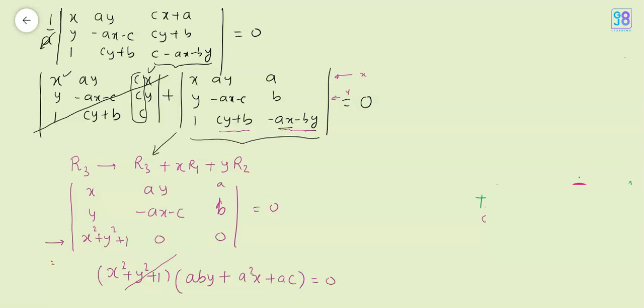Now clearly x square plus y square plus 1 is not equal to 0 because x and y are real numbers, and from the other term if we take out a as common, we get by plus ax plus c equals to 0. This would imply by plus ax plus c equals to 0, which is the equation of a straight line. So we have shown that the given determinant actually represents a straight line.